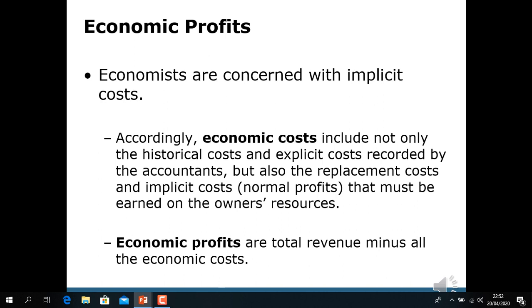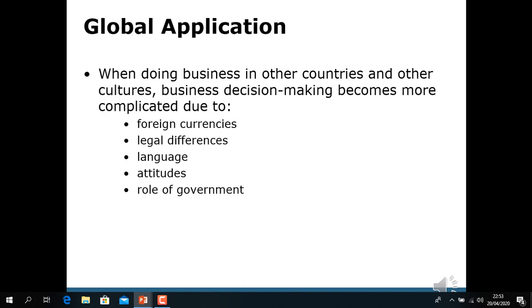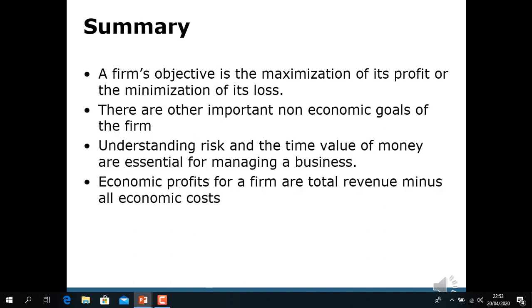Accordingly, economic costs include not only the historical costs and explicit costs recorded by the accountant, but also the replacement cost and implicit costs, such as the normal profit that must be earned on the owner's resources. And then economic profit is total revenue minus all economic costs.